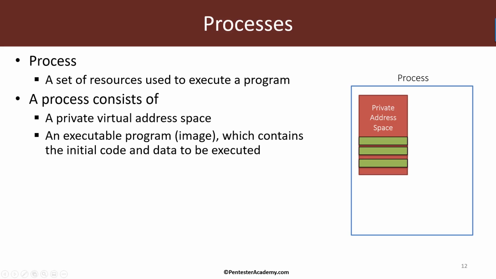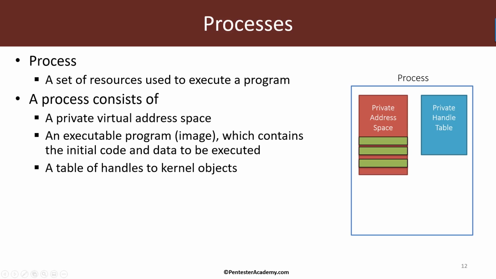We have something called an executable image, which holds the initial code and data the process needs to execute. We have handles to kernel objects, and so once we try to access some system level objects such as a file or a mutex or another process, we need to get a handle to that object, and that handle is stored in a private handle table within the process.